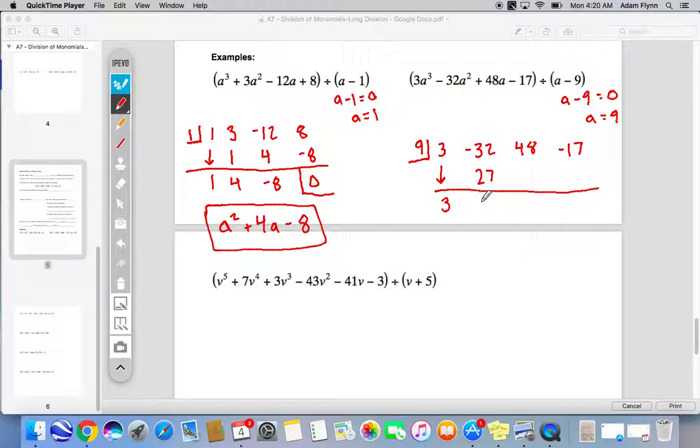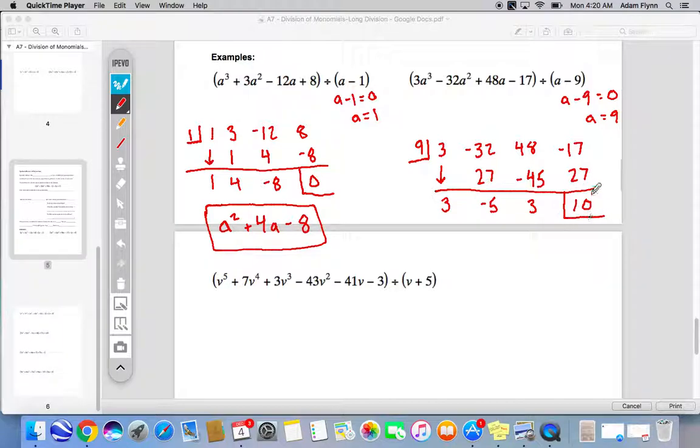Negative 32 plus 27 is negative 5. 9 times negative 5 is negative 45. 48 minus 45 is 3. 9 times 3 is 27. Negative 17 plus 27 is positive 10.